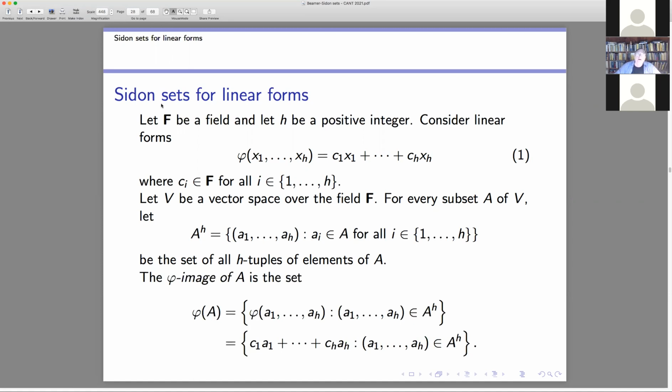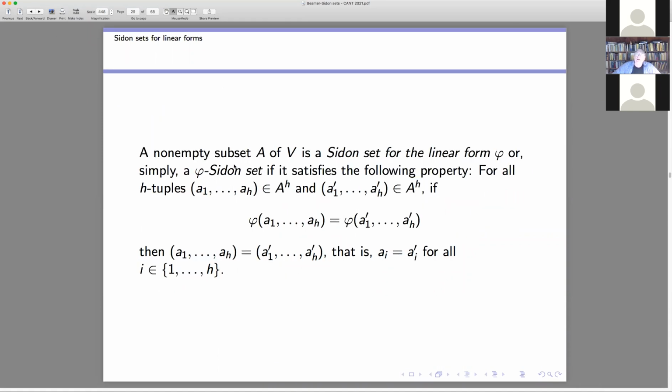So, you can take the field to be the rationals and A to be the set of integers, and that's the classical number theory setting. We say that a subset A of this vector space is a Sidon set for the linear form phi if it has the following property.